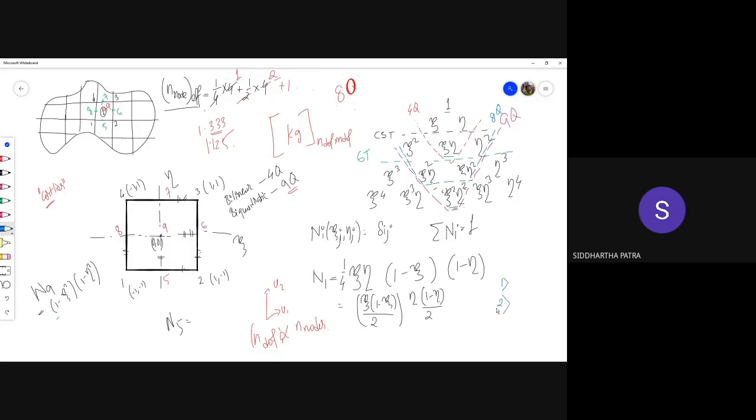Then comes the number 2 point. The first law of getting shape functions: the shape functions must be complete. I mean it can be linear, it can be quadratic, it can be cubic, but when it is cubic it is not giving up the quadratic terms, and when it is quadratic it is not giving up the linear term, and when it is linear it is not giving up the constant term.